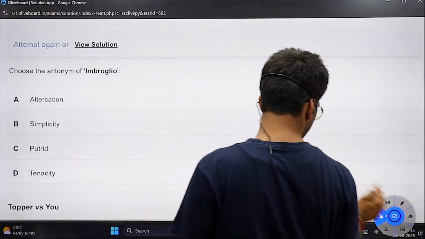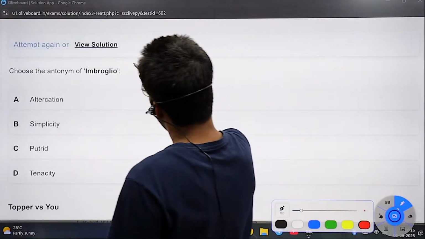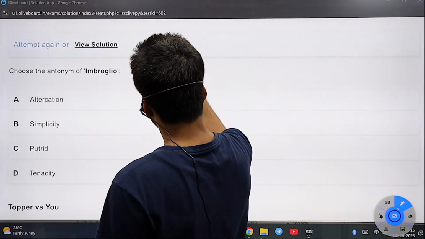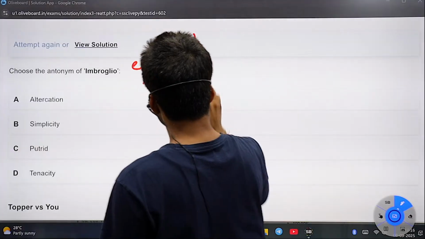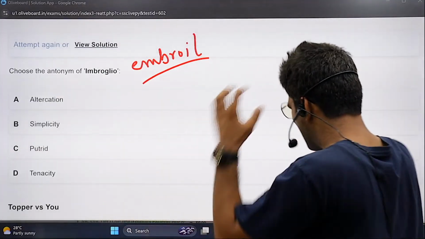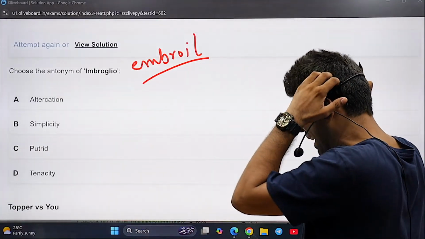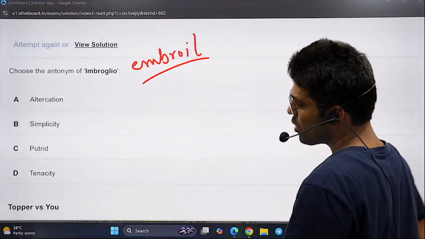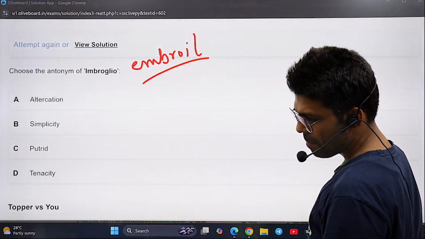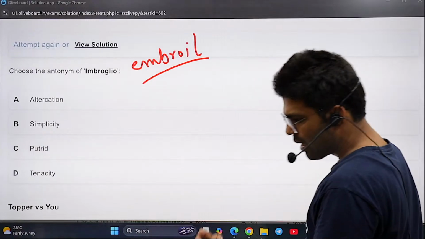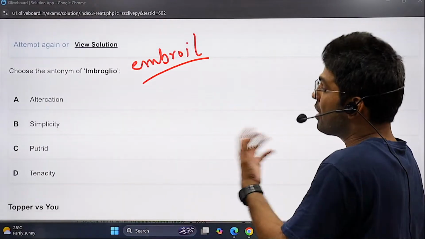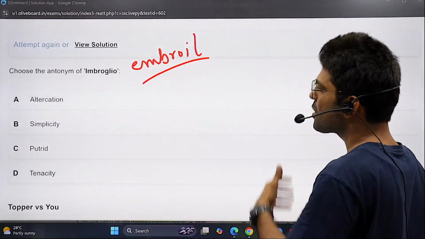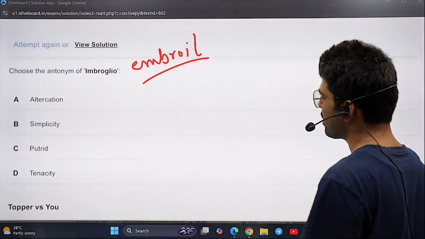Imbroglio is from embroil, which is going to be irritating, confused, perplexed, and such. Altercation will also be related to the same: a quarrel you had with someone of words, not a physical quarrel, but just of words. Altercation. So it will be synonymous.